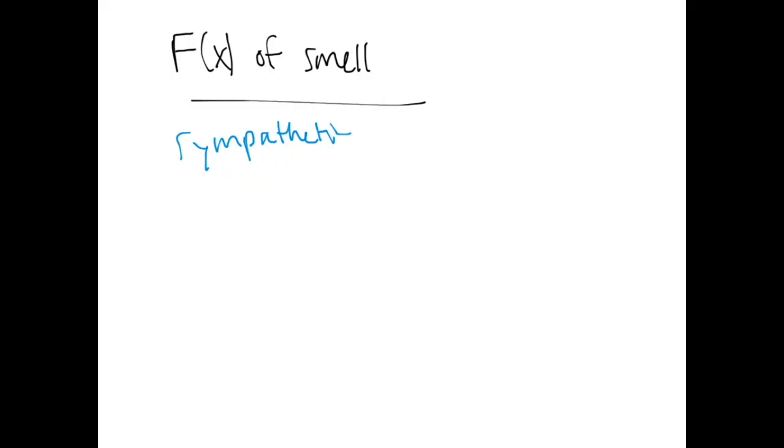Basically, anything that can be toxic is going to cause a fight or flight reaction. So if it's a really strong chemical, maybe you walk into your bathroom and you smell bleach, it's going to cause this fight or flight thing to get you out of that room. So the sympathetic stuff, we're going to say bad smelling chemicals. And when we mean bad, we mean potentially harmful to our body. So bad smells are going to activate the fight or flight.